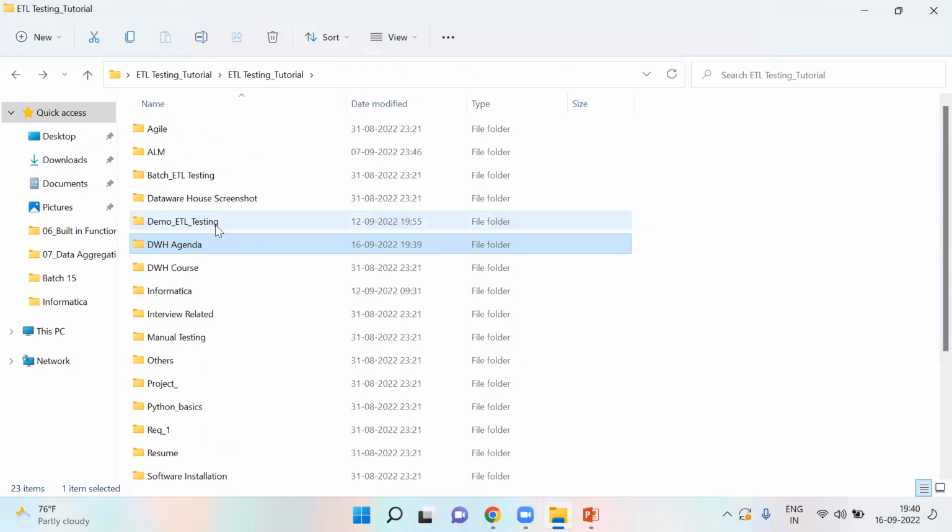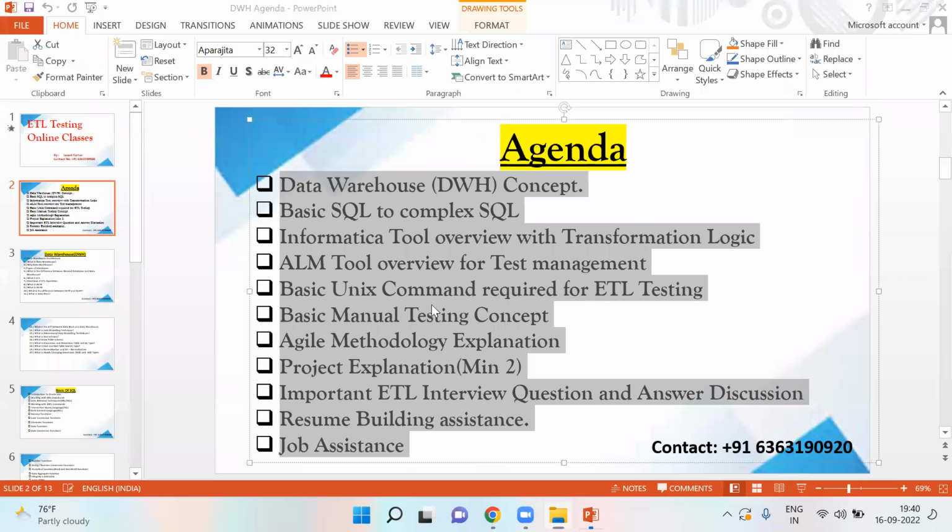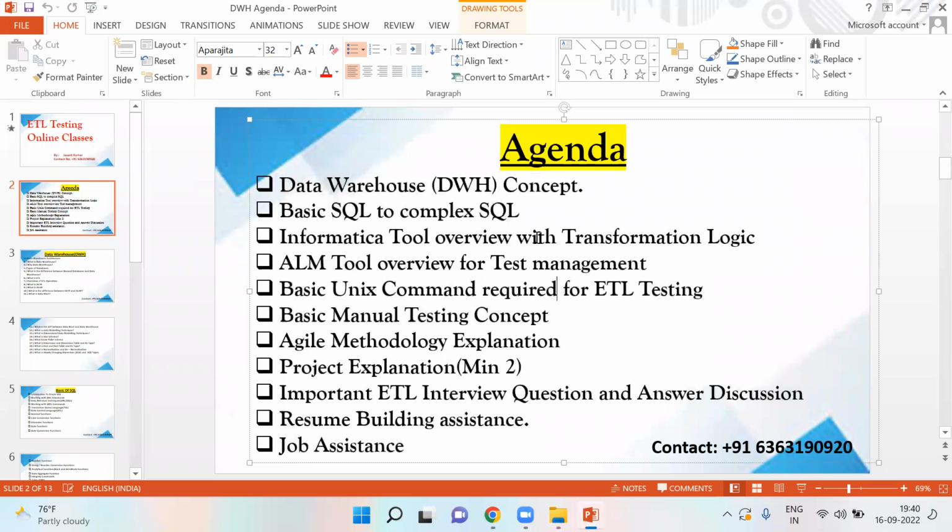So that is the agenda, or the syllabus, of ETL testing. First of all, we'll be discussing basic SQL to complex SQL. Before, I was discussing database concepts, because it was the theory part.